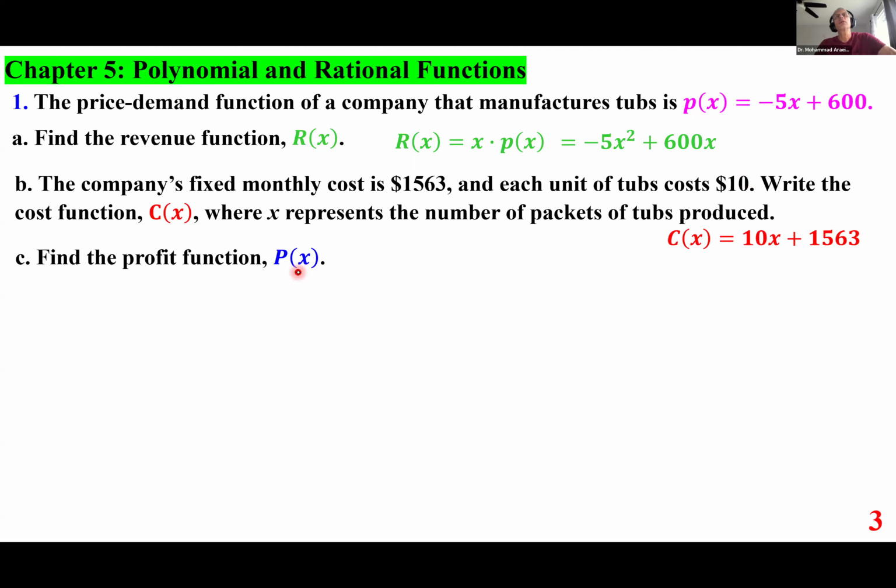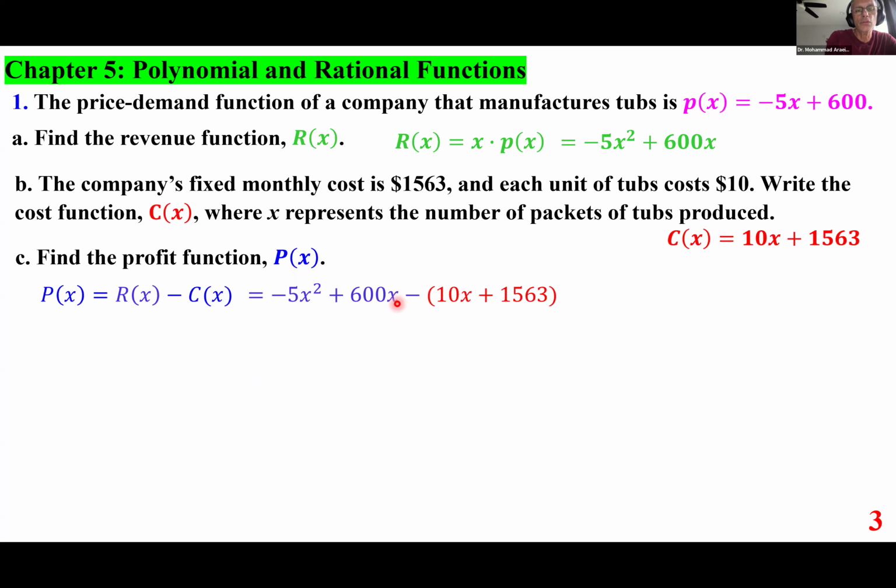Find the profit function. Clearly, profit by definition is revenue minus cost. So we are going to subtract the cost from the revenue.